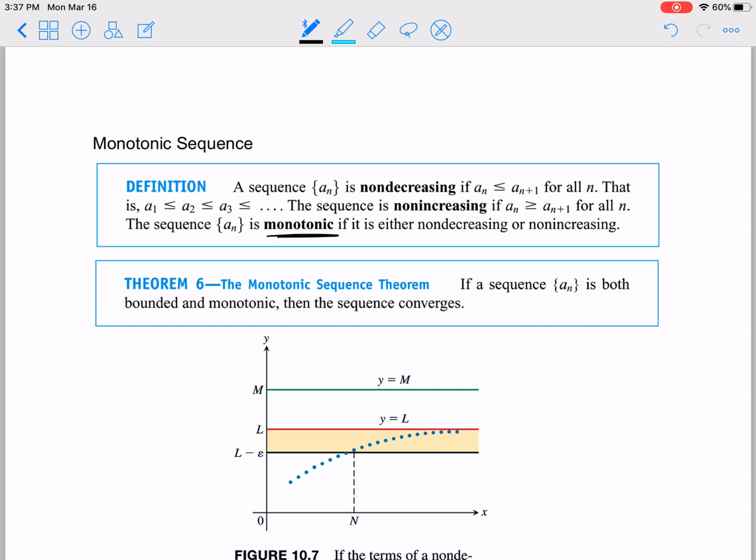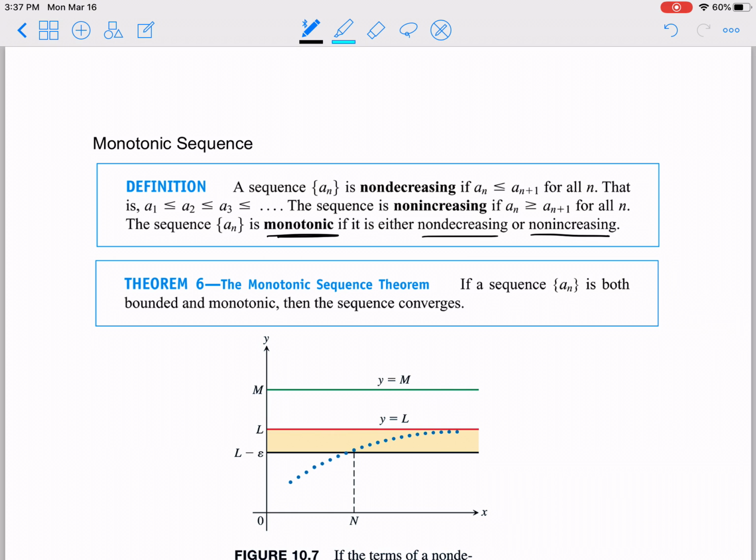So monotonic, non-decreasing, non-increasing. So here we go. The monotonic sequence theorem: if a sequence set A of all a_n is both bounded and monotonic, then the sequence converges.